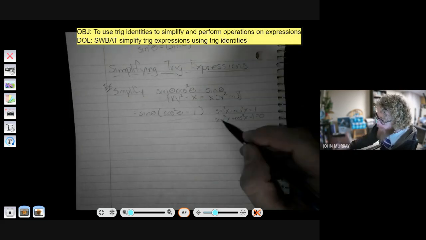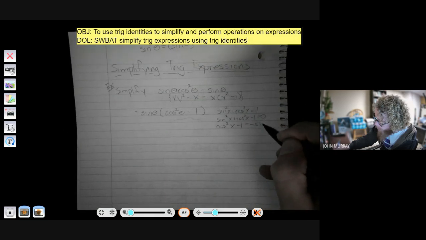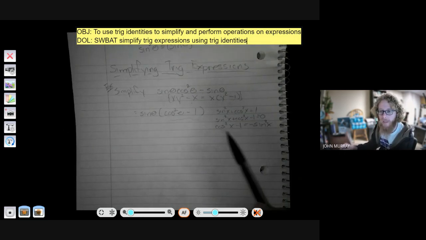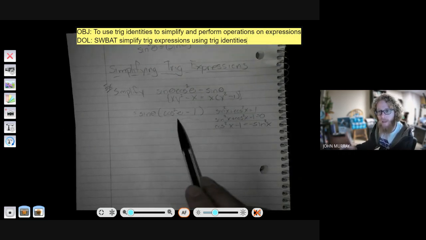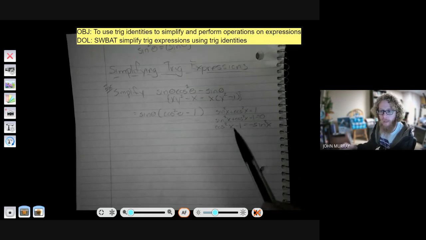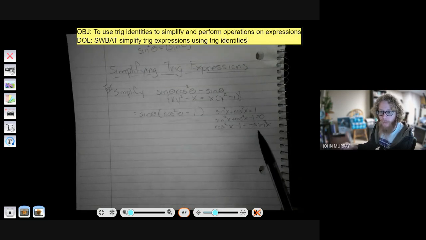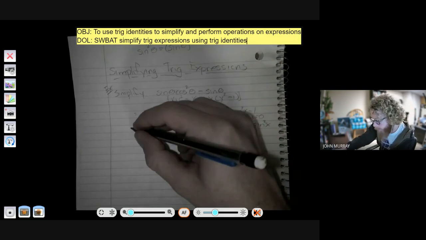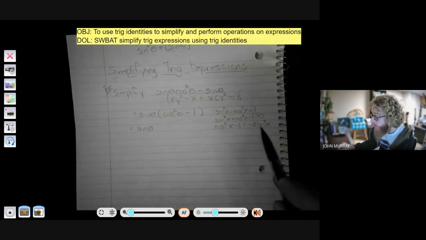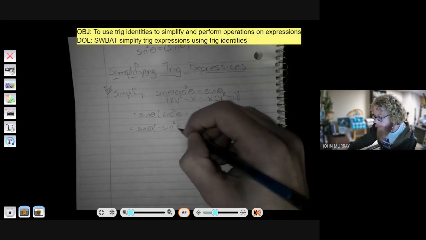And then I can subtract sine from both sides. This Pythagorean identity is telling me that I can replace cosine squared minus 1 with negative sine, I'm sorry, negative sine squared. That's part of our Pythagorean identity.